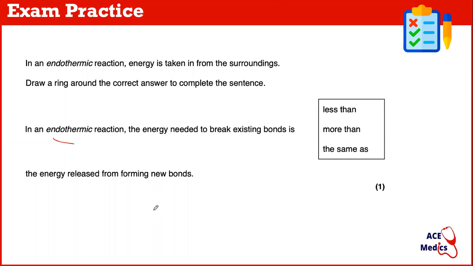Endothermic, so we're breaking bonds. And breaking bonds requires energy, okay? So in an endothermic reaction, the energy needed to break bonds is more than the energy released from forming new bonds.